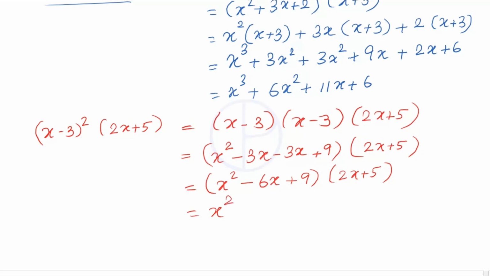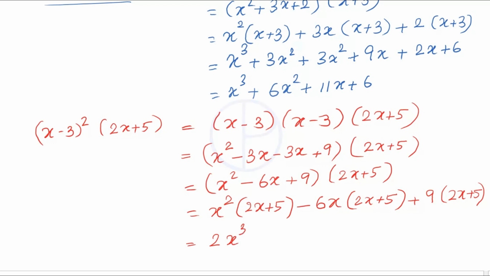So expand the bracket. x squared multiplied by (2x plus 5), minus 6x multiplied by (2x plus 5), plus 9 multiplied by (2x plus 5). 2x cubed plus 5x squared, minus 6x multiplied by 2x is 12x squared, minus 30x plus 18x plus 9 times 5 is 45.